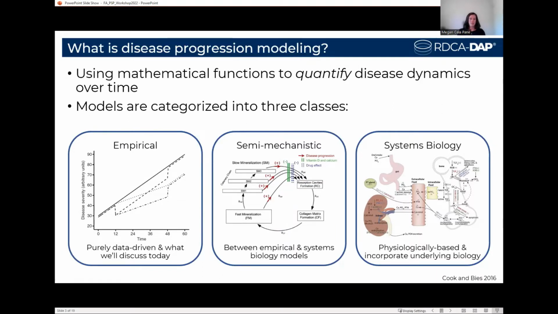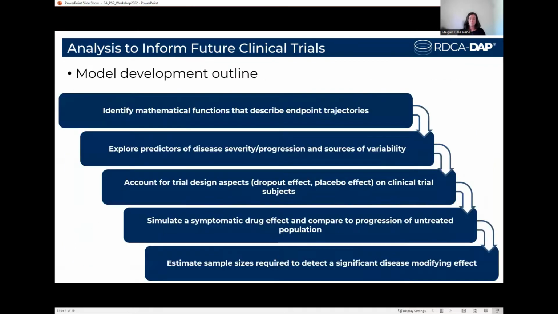As I mentioned, there are three main classes that range from purely data-driven or empirical models to fully mechanistic, when the mathematical descriptions from the models can be informed by underlying physiology. And in that case, the disease mechanism information is also available. Regardless of the specific class, all of these models explain trends in longitudinal data with individual patient-level data.